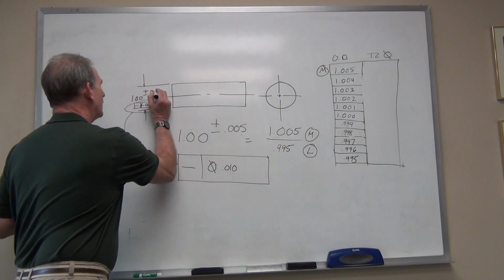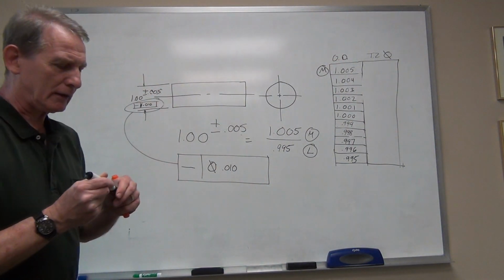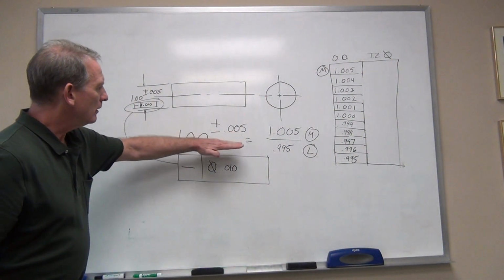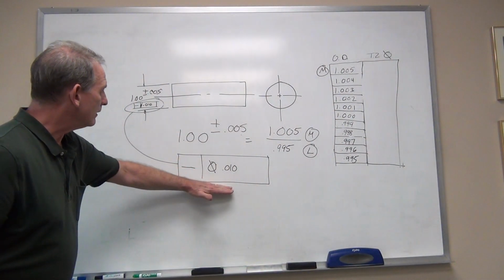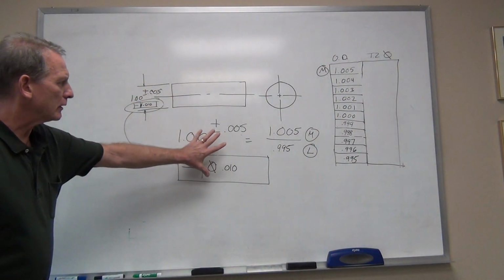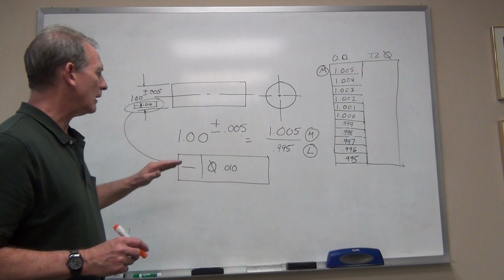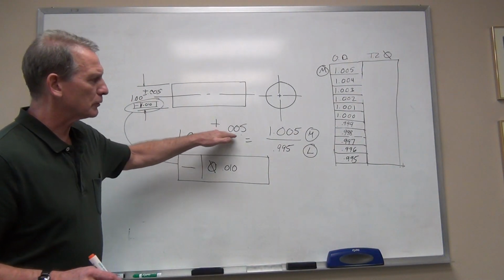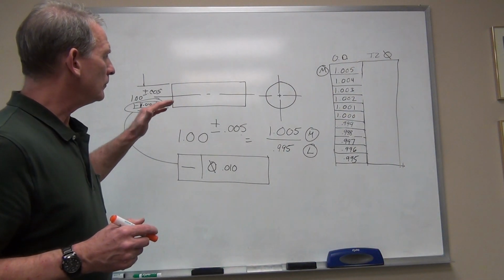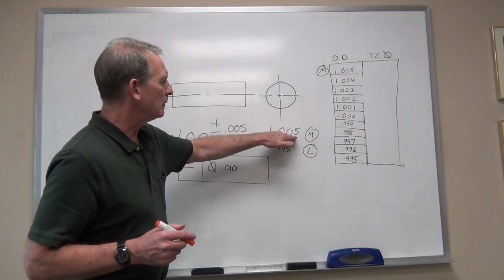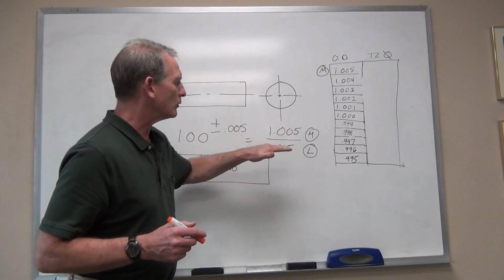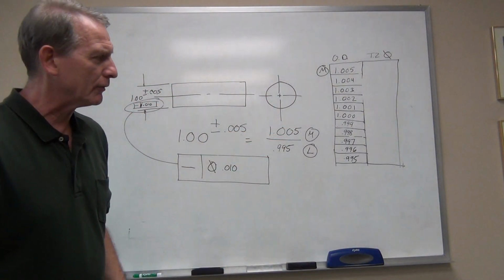Now I don't know what kind of resolution this camera has or whether you can see this real well. So I have blown up the dimension and the feature control frame from here to here so that you can see exactly what's going on. I've taken the 1 inch plus or minus 5 thousandths diametral tolerance and turned it into limits of 1 inch 5 thousandths and 995 thousandths.